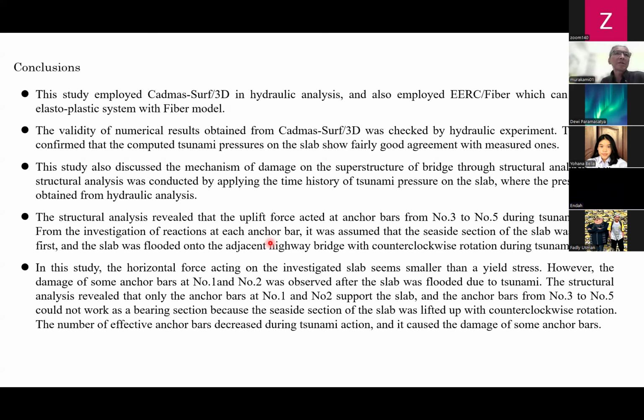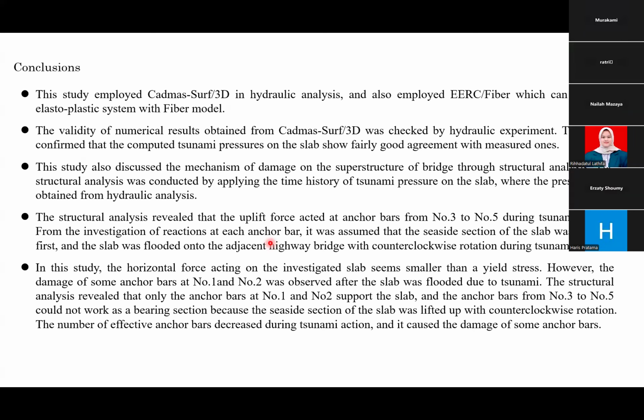These can be used in the structural analysis as an input condition, an initial condition. After performing the structural analysis, we can estimate how the structure was damaged due to tsunami action.